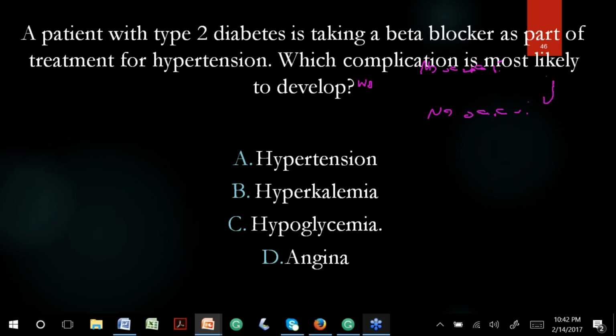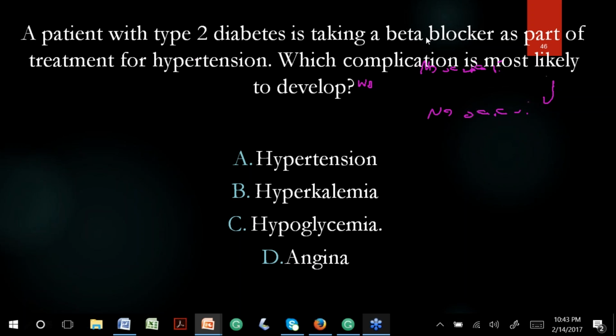A patient with type 2 diabetes is taking a beta blocker as part of treatment of hypertension. Which complication is most likely to happen? This is type 2 diabetes, it's not a beta 2 blocker. This is a beta 1 blocker, and remember we were talking about beta 1 being about the renin.